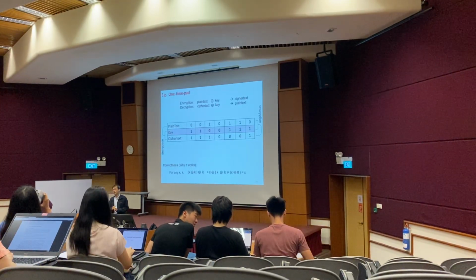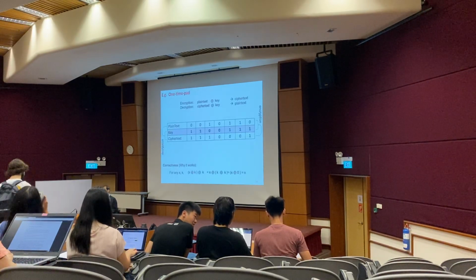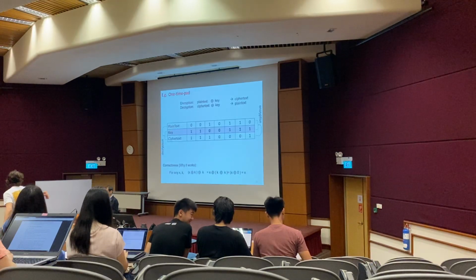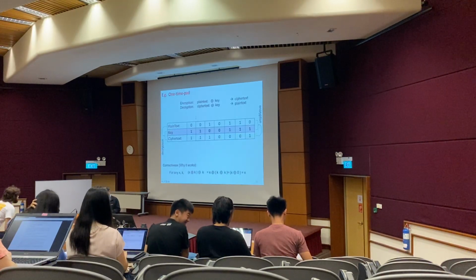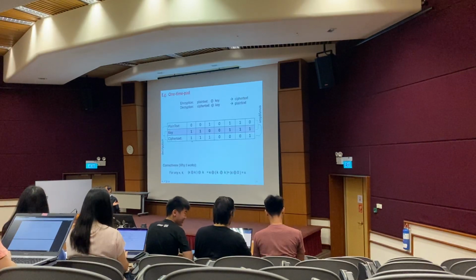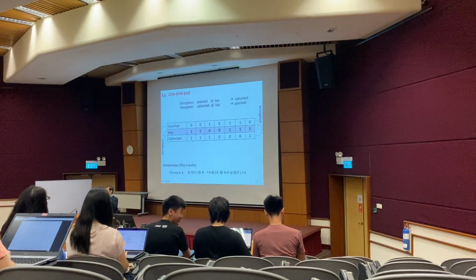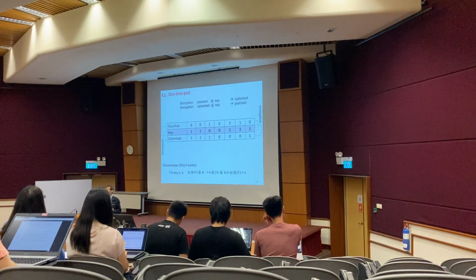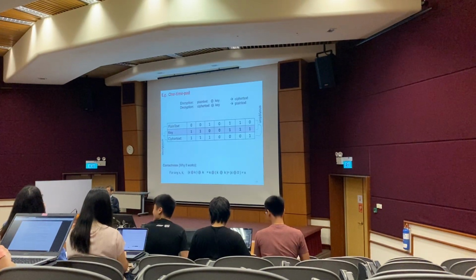You may read in other places that they describe the one-time pad differently, as addition, where this plus this modulo any other number. It's not necessarily 2; it could be 3 or 4. What is nice about the one-time pad is that it can be of any modulus, let's say 4, 5, 6.